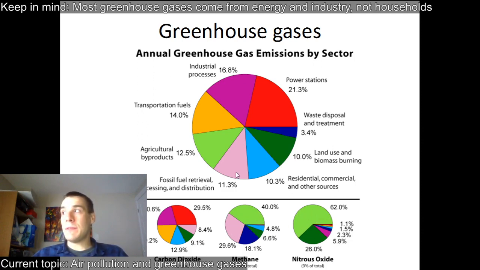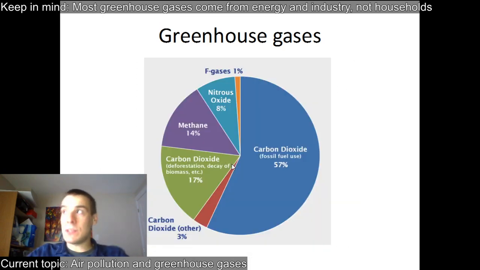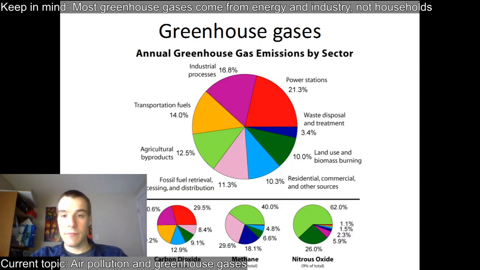Also a lot of methane from the fossil fuel retrieval. And methane's about 300 times worse as a greenhouse gas than carbon dioxide. So it's quite a strong gas as well. You'll actually see the methane in oil refineries. They will burn the methane to turn it into CO2 because the CO2 is a less powerful greenhouse gas than the methane would be.